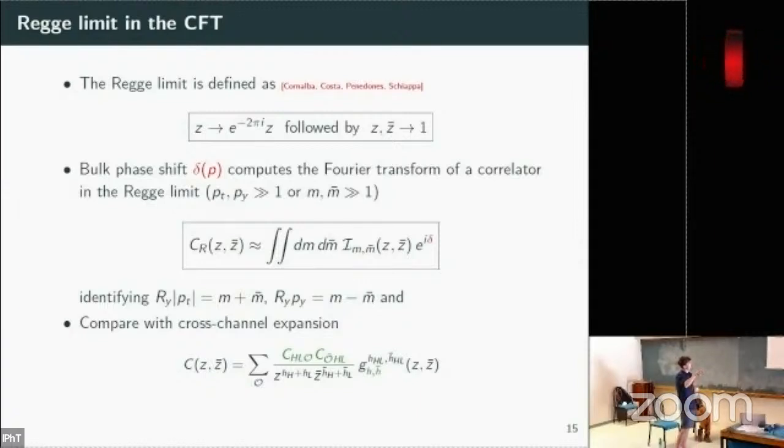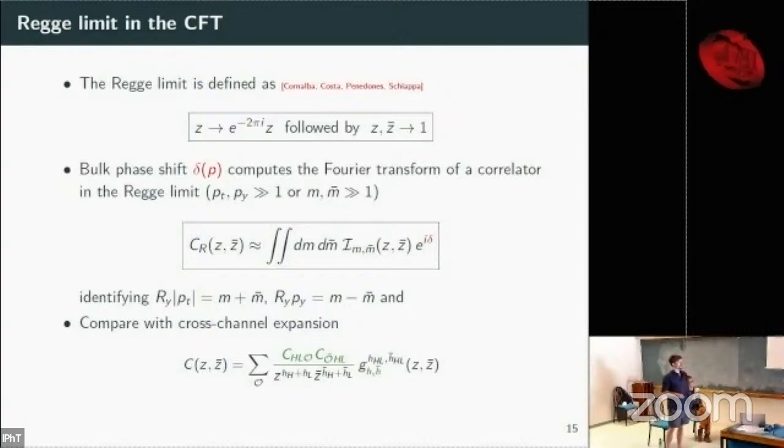Along with this comes some dictionary between the bulk momenta and these M and N bar, which were labeling your heavy-light double trace operators. To derive this, you need a fresh pen and some paper, so I haven't written it, but morally speaking, it's what you'd expect.